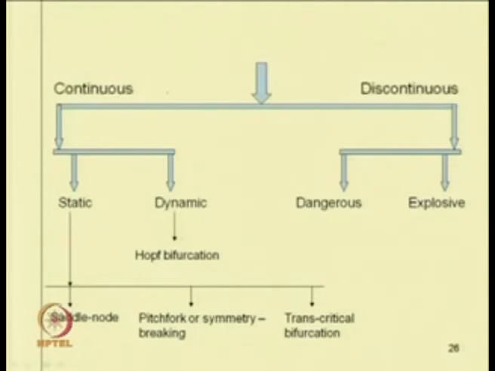In static bifurcation, we can have saddle node bifurcation, pitchfork or symmetry breaking bifurcation, or transcritical bifurcation, and in discontinuous bifurcation, we can have the subcritical bifurcation. The subcritical bifurcation may be either subcritical pitchfork or subcritical Hopf bifurcation. Those we will study later.